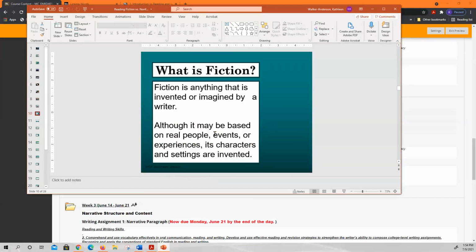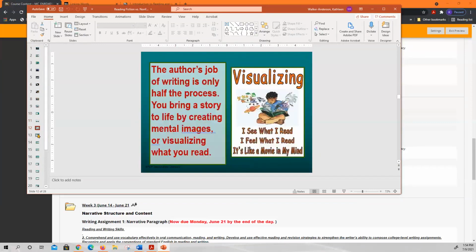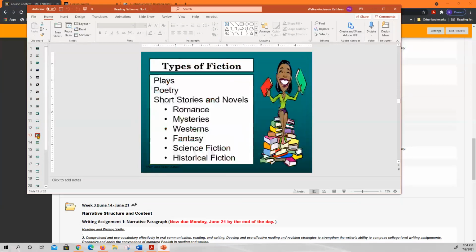And okay, what is fiction? So it defines the characteristics of fiction, so it's anything that's invented or imagined. It has theme, and you have to visualize while you read it. There's different types of fiction.